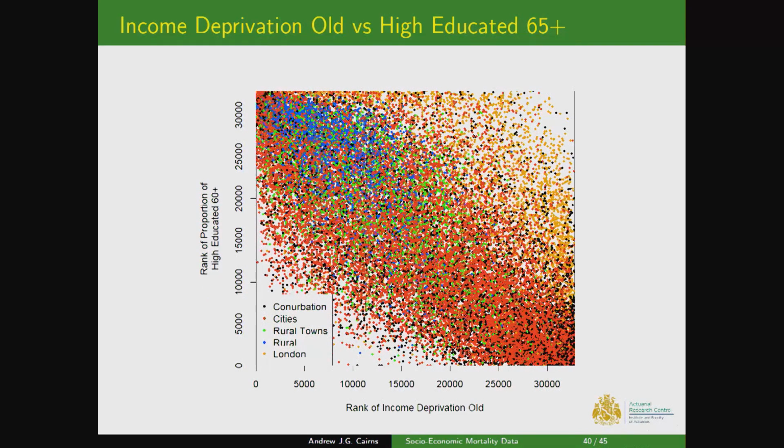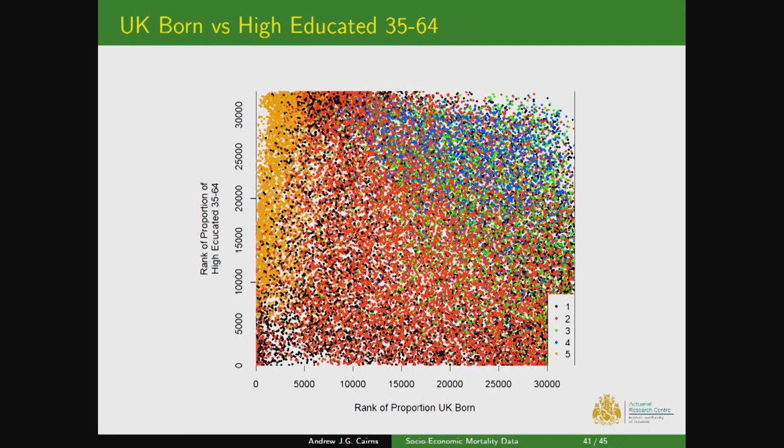Income deprivation versus the proportion with a high education. What you can maybe see here is that you have these orange dots, and these are London. These are predominantly up in the top right, and that's indicating that London, although it has lots of deprivation, also has lots of well-educated people compared to the rest of the country. And then a different one, the proportion of UK-born versus the proportion with a high level of education in the middle-aged working group.